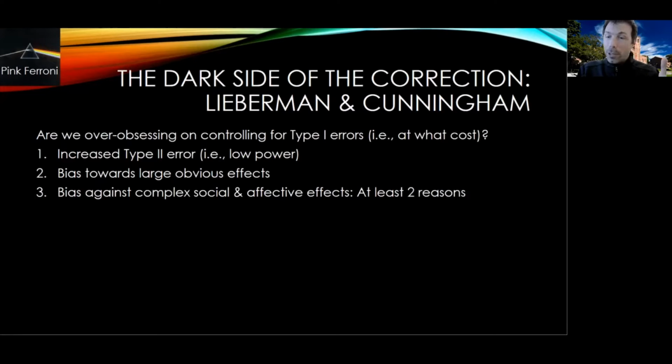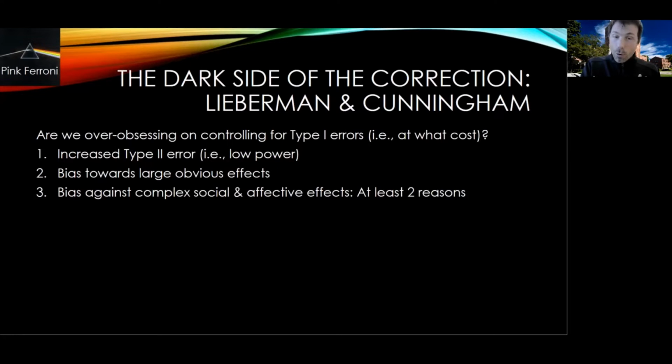This type of very stringent approach to thresholding does bias, because it favors these large obvious effects, it biases against the more subtle type of effects that are more characteristic of social affective neuroscience, I would argue, of some higher cognition, also higher cognitive processes.